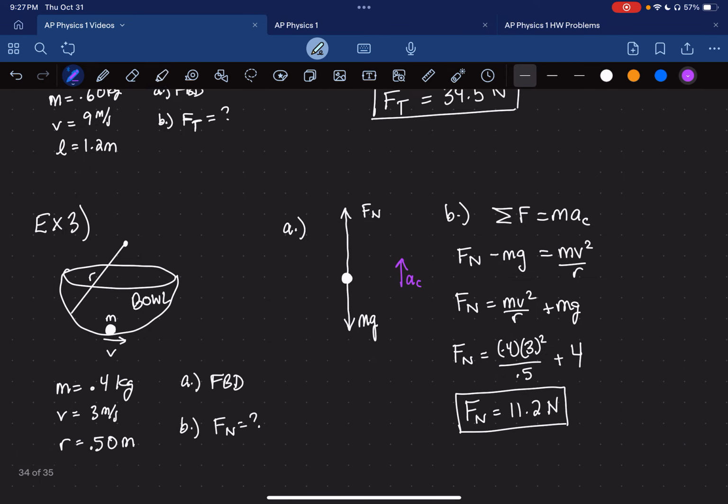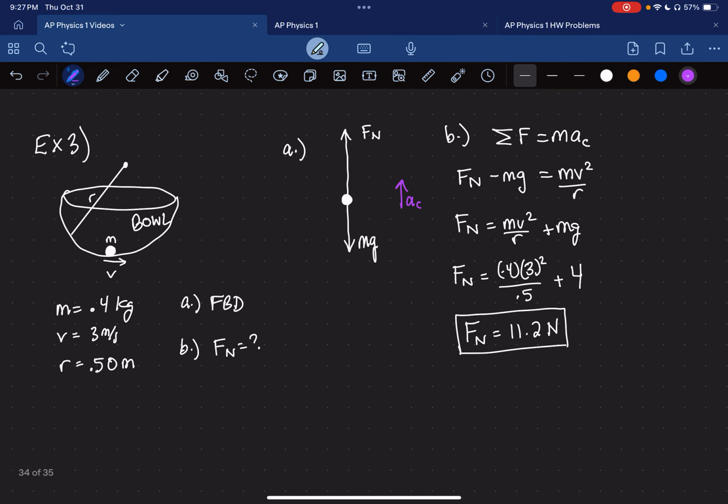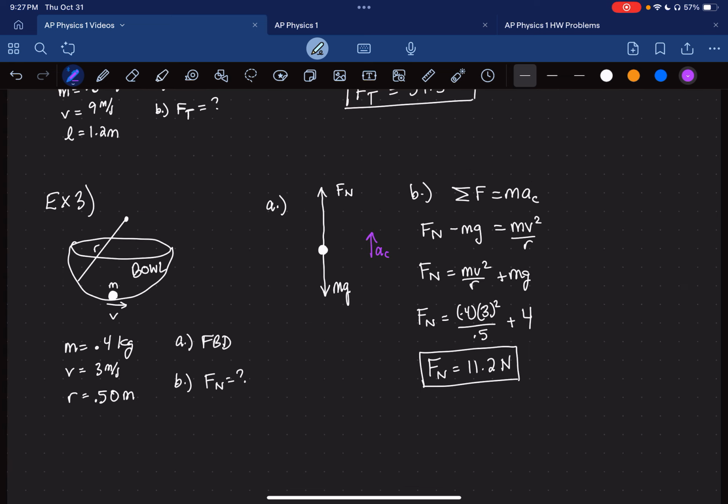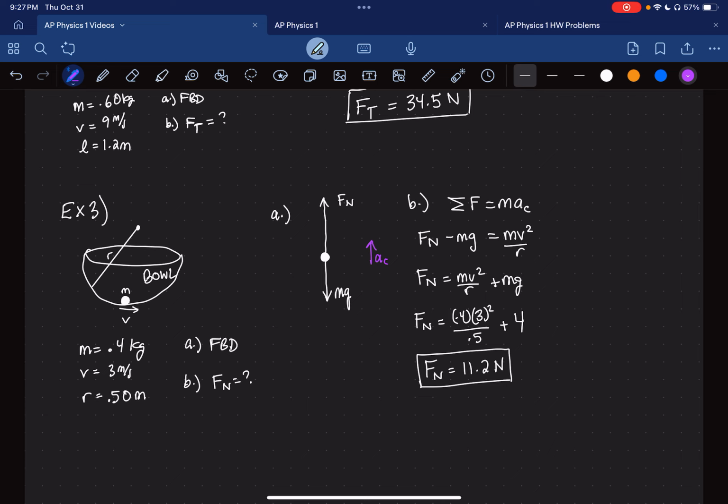We had tension, gravitational. Here in this case, the normal force would contribute to that centripetal acceleration. Cool, and I think we can continue.